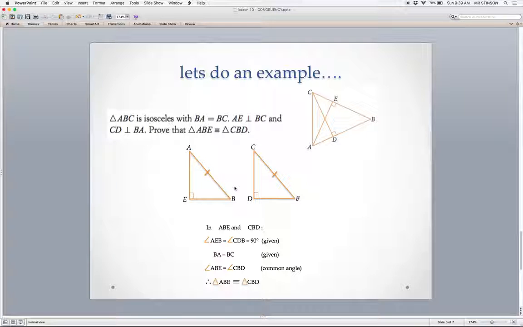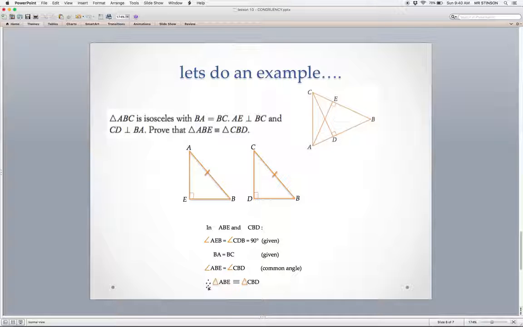So I can now write that angle ABE is equal to angle CBD. And if both triangles have it, we would call this a common angle, meaning both triangles have a common sized angle within them. So I've now proven that these two triangles are congruent. Angle, side, angle.